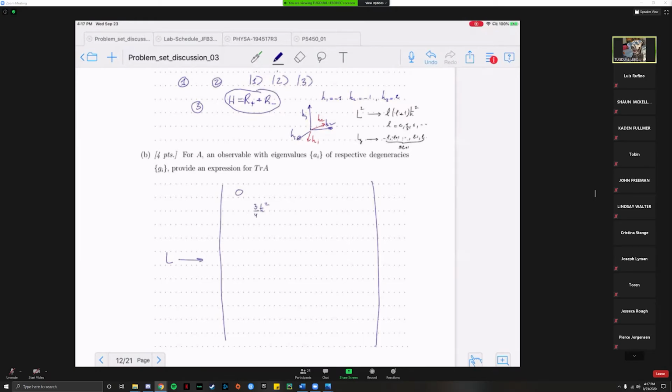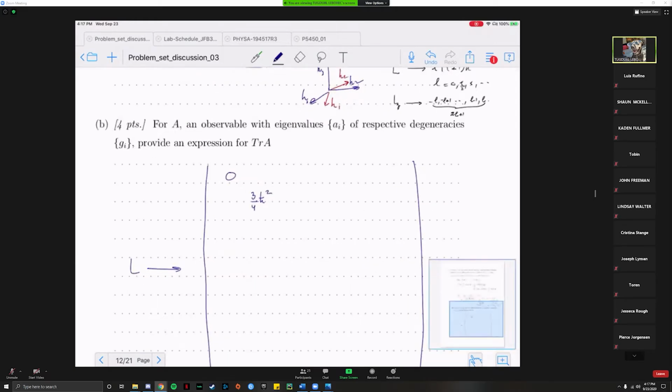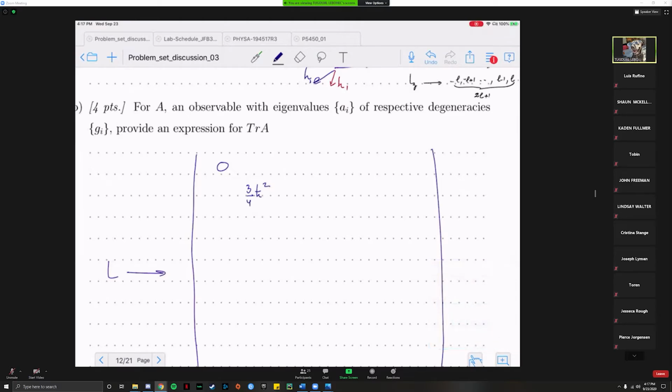Because we have studied angular momentum, you know that when a system is found to have this magnitude of its angular momentum, there are two states corresponding to that. So that value of L squared is twice degenerate, which means this eigenvalue is going to appear twice.